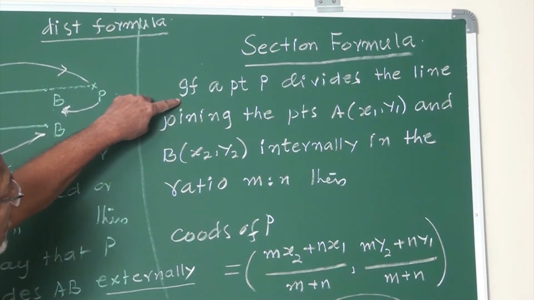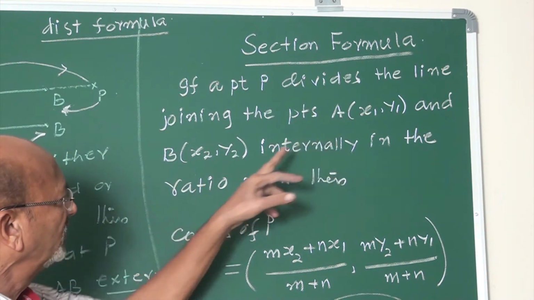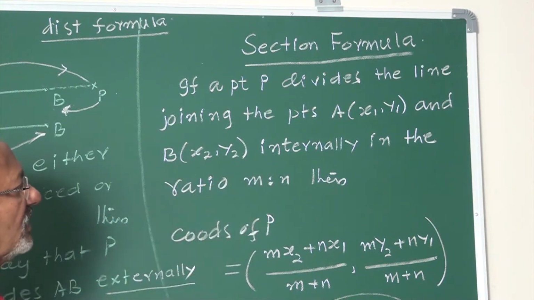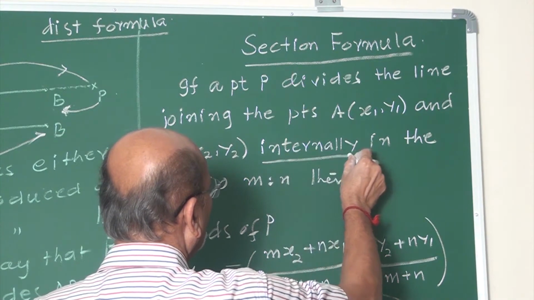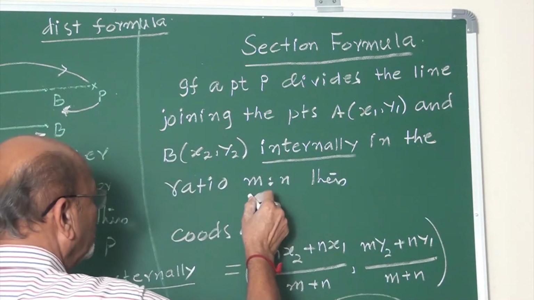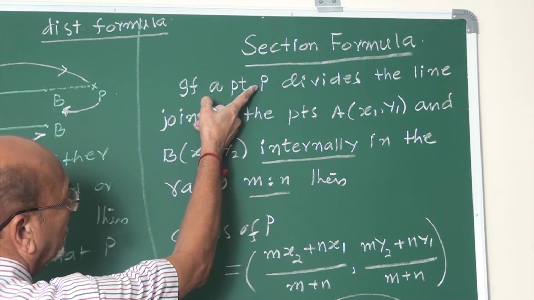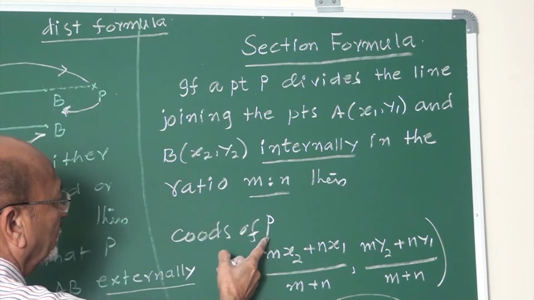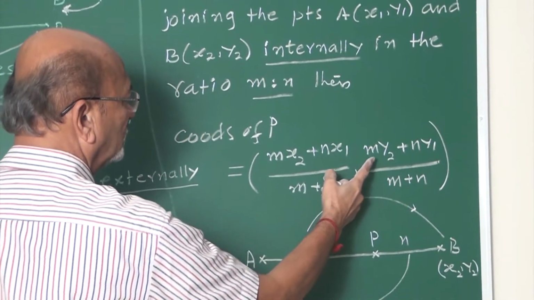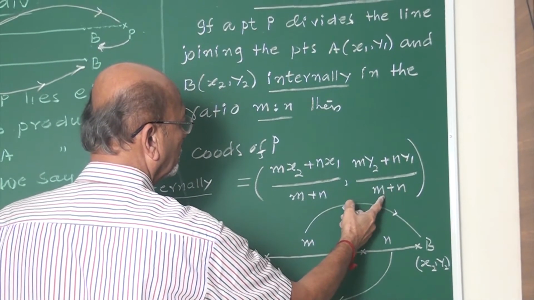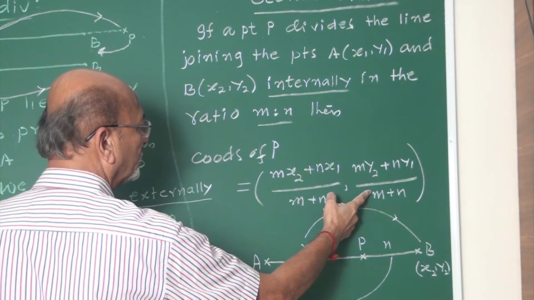If a point P divides the line joining the points A (x1, y1) and B (x2, y2) internally in the ratio m is to n, then the coordinates of P are (mx2 plus nx1) upon (m plus n), (my2 plus ny1) upon (m plus n). This is the x coordinate of the point and this is the y coordinate.